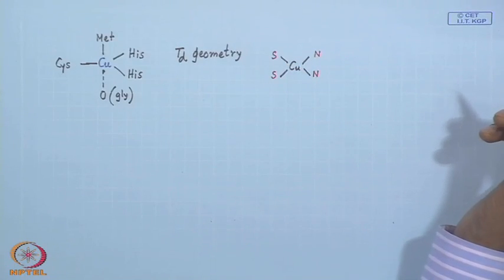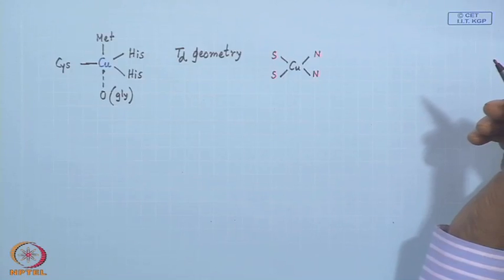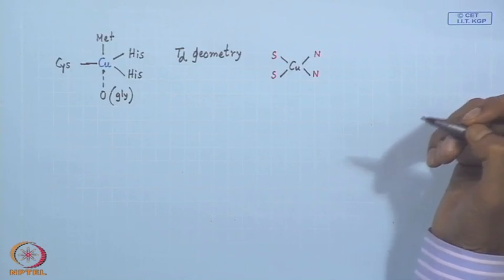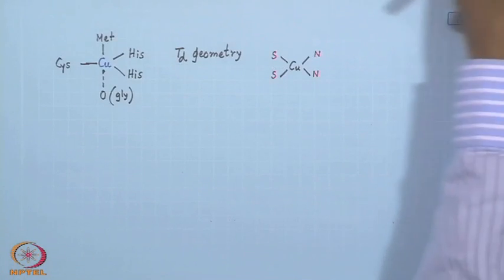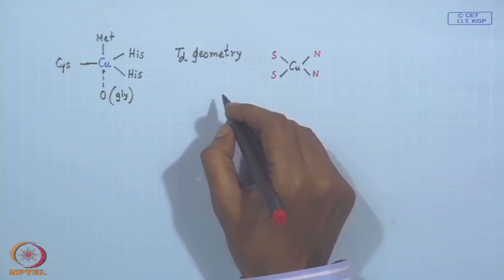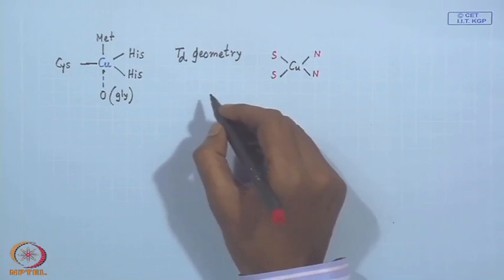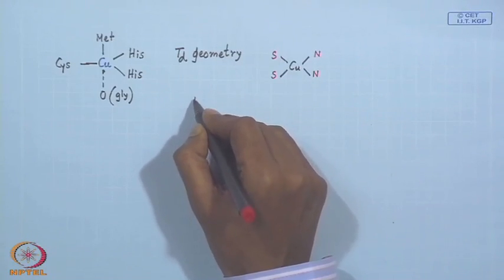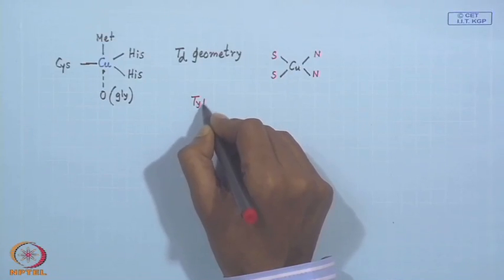So, it is a 4 coordinated system. When we go for determination of E0 values, this particular species goes for the catalysis, that means the electron transfer catalysis.